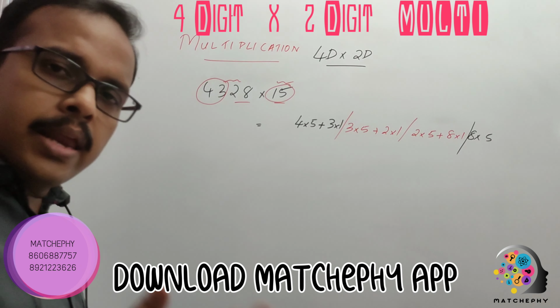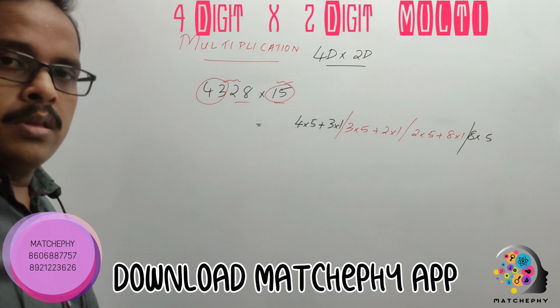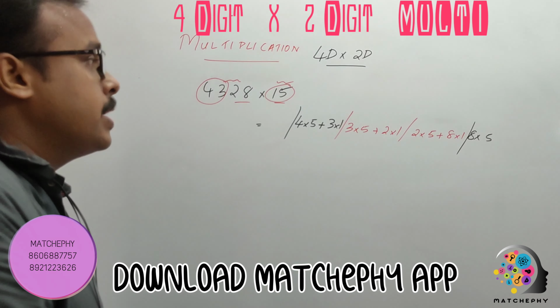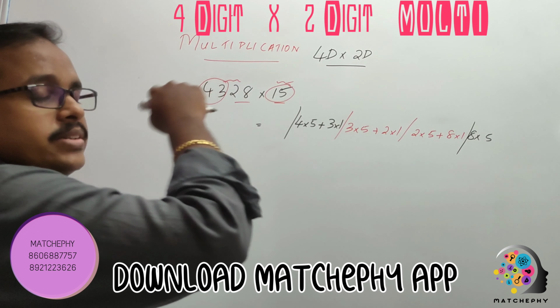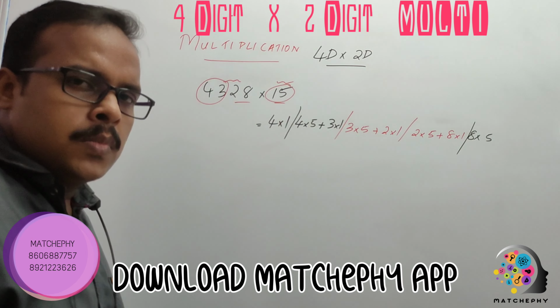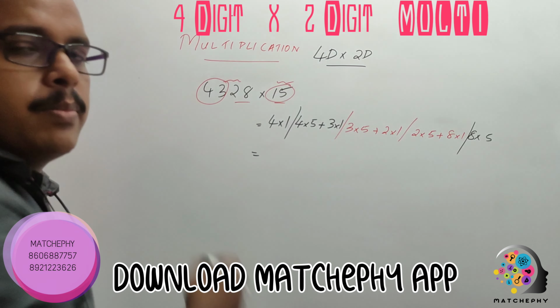And the pairs are over, 3 pairs will come. And the last one is the same process: the thousands digit of the 4-digit number into the tens digit of the 2-digit number, that is 4 into 1. Is it simple? Yeah, it is simple, the same process continuing.